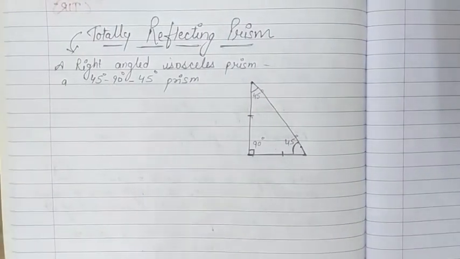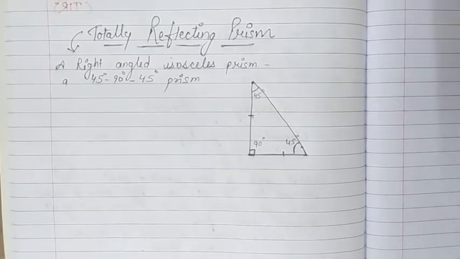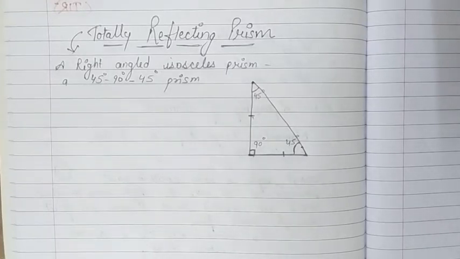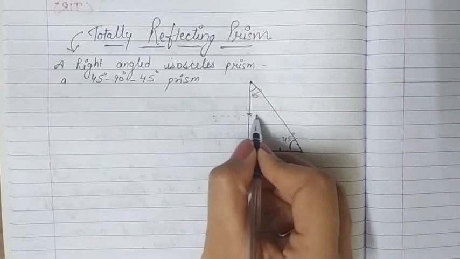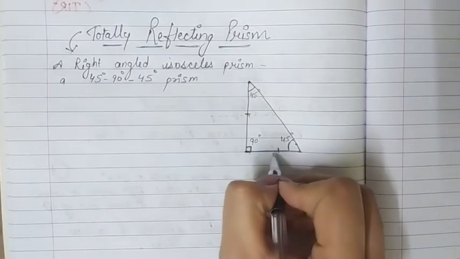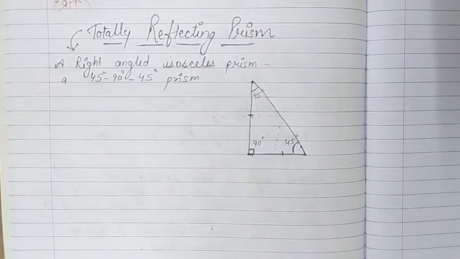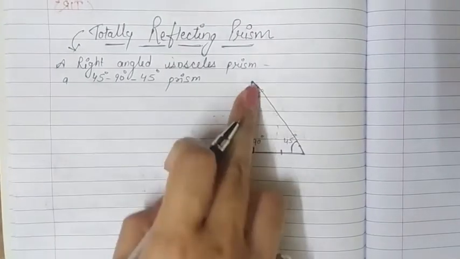The next point that we have to note about this prism is whenever a ray falls normally on any face, like this, normally on any face or on this face, then it is incident on the inside face at 45 degrees. Means this is the inside face.